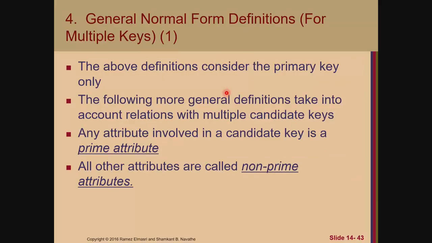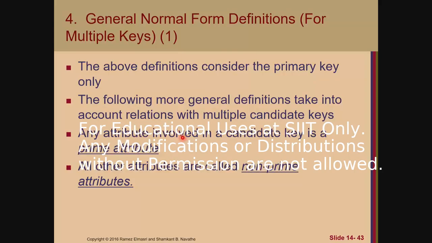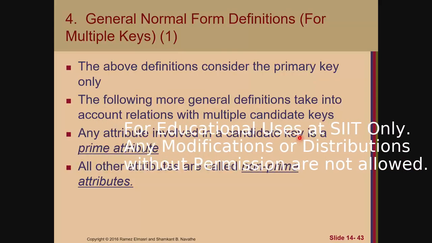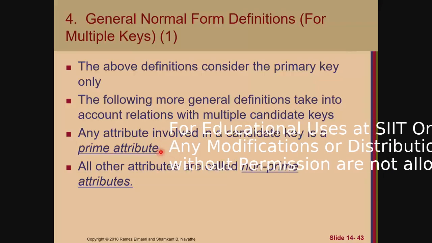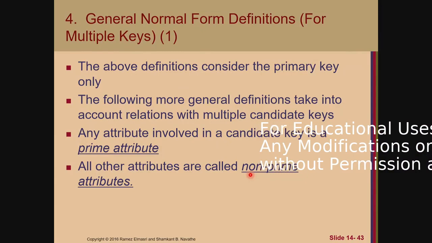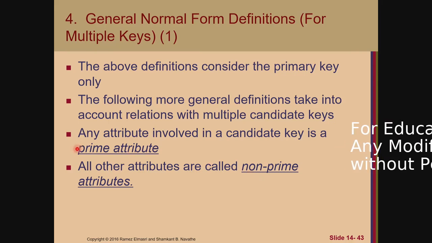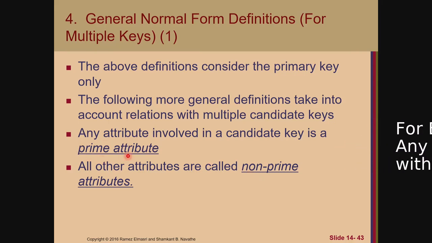Okay, so it's written here. Any attribute involved in a candidate key is a prime attribute. All other attributes are called non-prime attributes. So the prime attribute not only belongs to the primary key, but also the candidate key we call prime attribute.